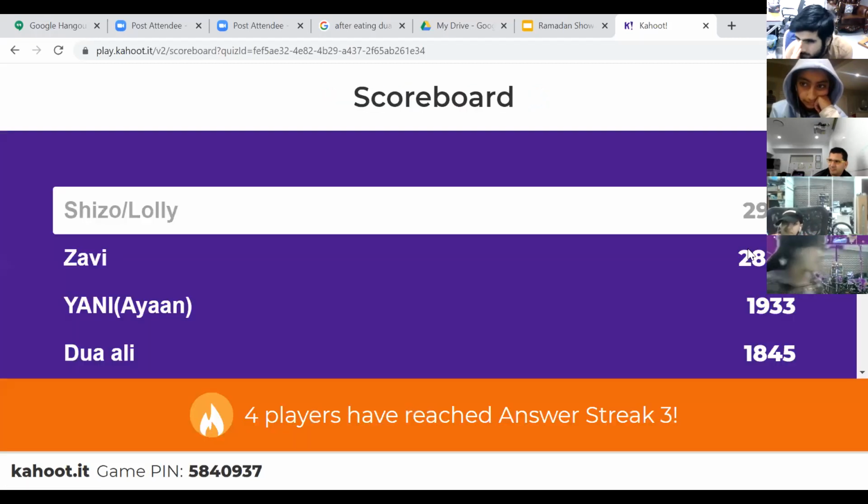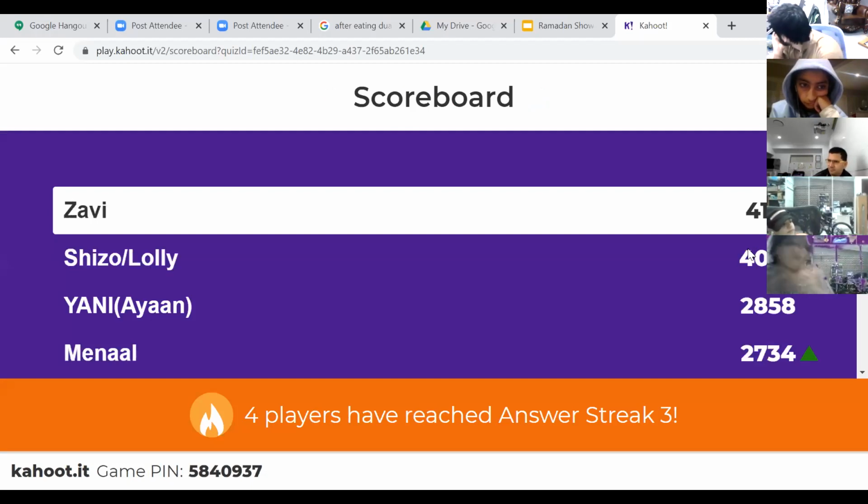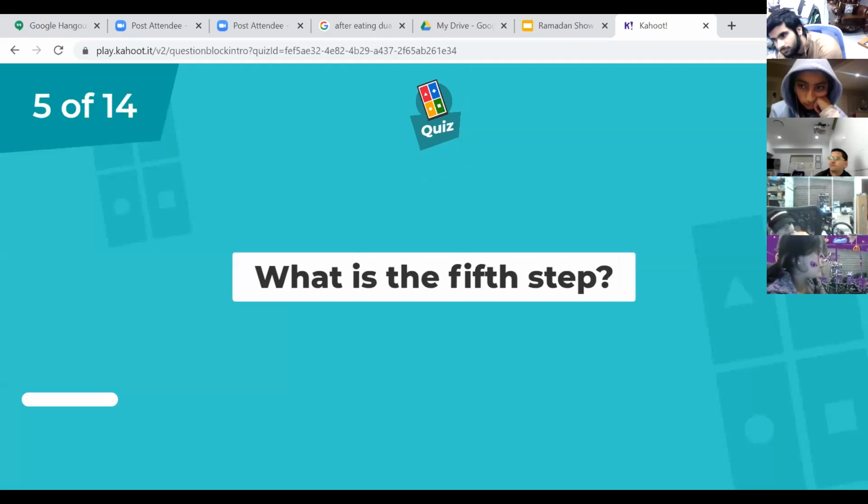So let's look at the leaderboard. And Zavi takes the lead, overtaking Shazin, who dropped to second. Ayan's still third. Manal comes up to fourth. And surprisingly, 4 players have reached a three-straight answer streak, which is impressive. Okay, question 5. What is the fifth step?